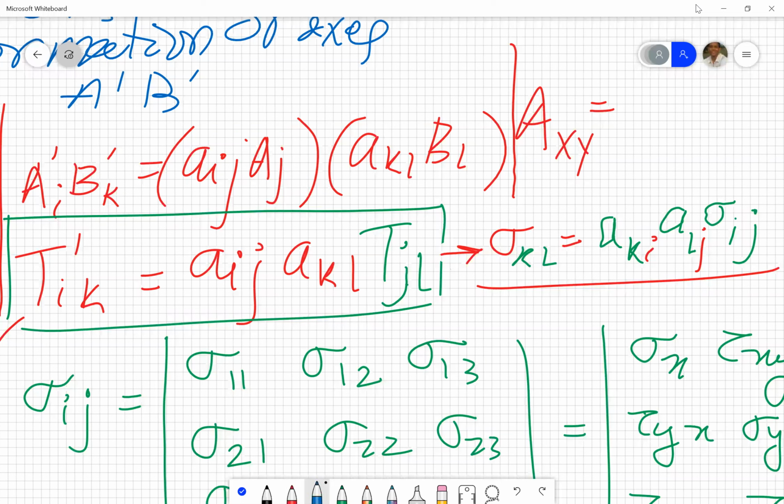A_xy means there are other terms also there. If we are writing the transformations, you write a_x, then there is a y. Then there is the previous component, small xy. Since xy is confusing, I am using here a_x inverse, xy, mn.